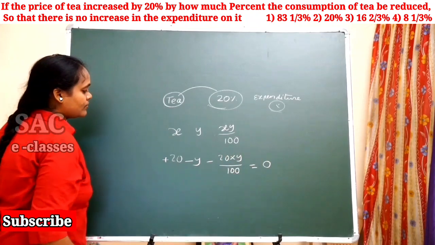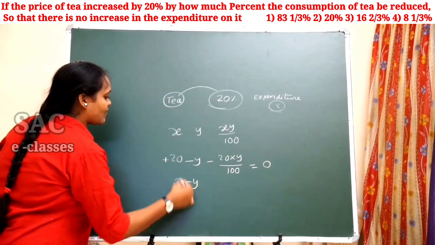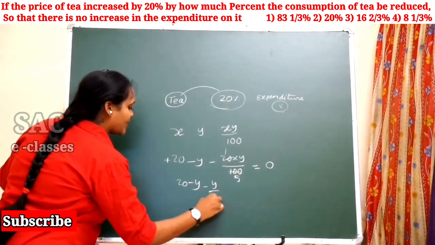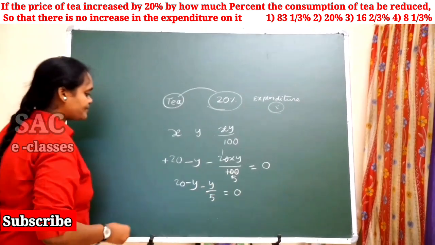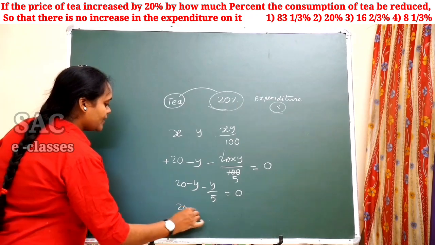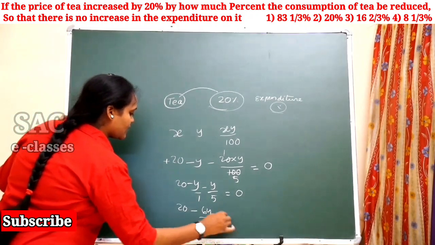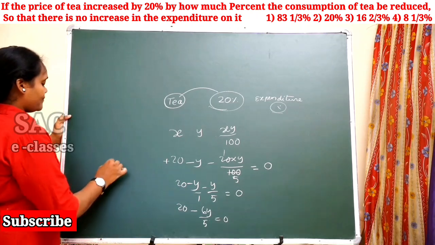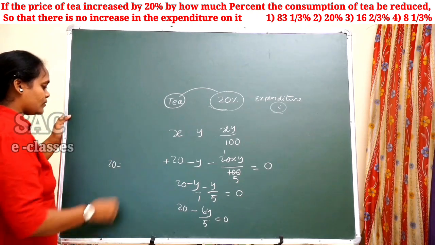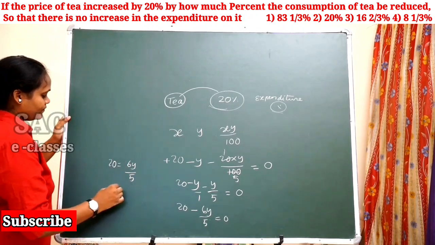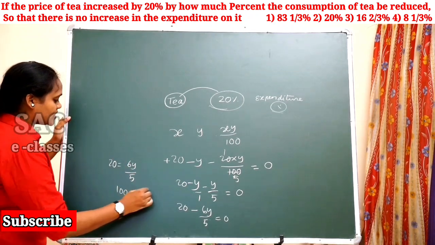Change is 0. So 20 minus y plus 20 times minus y by 100, that is minus y by 5, is equal to 0. Let us simplify. 20 minus 6y by 5 is equal to 0. Then 20 is equal to 6y by 5. 100 is equal to 6y.